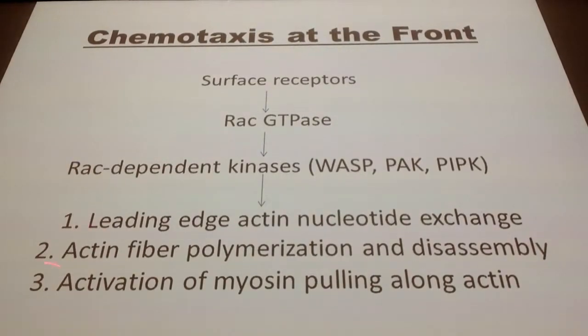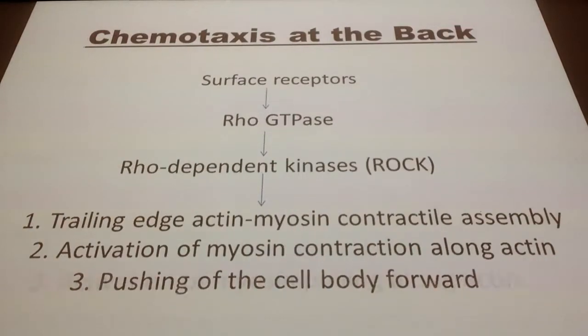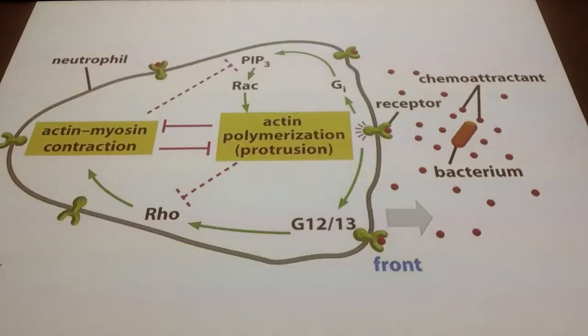RHO regulates the same activity at the lagging edge, right? So now one acts at the leading edge, one acts at the trailing or lagging edge. Both of them have the same activity, only that RAC is doing everything at the leading edge and RHO does everything at the trailing edge, okay? But both of them have to be activated. That's all that's saying, okay? So far so good? All right.